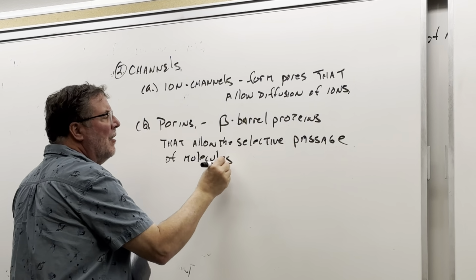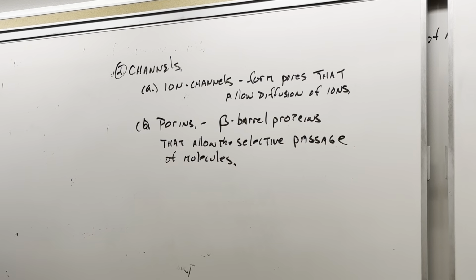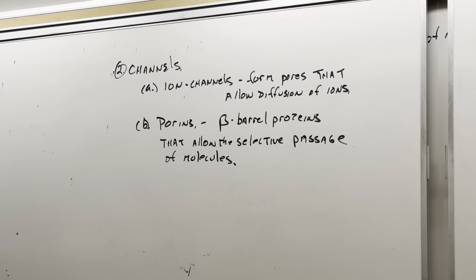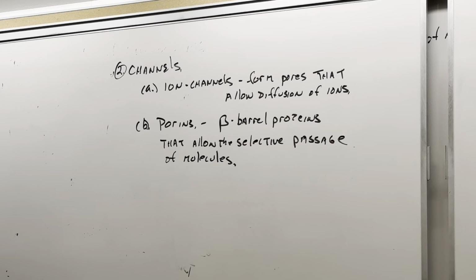And I'll show you a picture in a little bit. You've got the beta barrel that's going to go across the membrane, and so it basically provides a hole in the membrane. You think, well, anything can go through that hole, but what you'll have is specific amino acid residues that stick out from the beta barrel into the middle, arranged in certain ways. Only certain molecules can actually make it through that beta barrel, so you get selectivity that way.